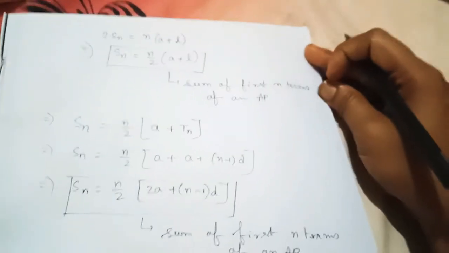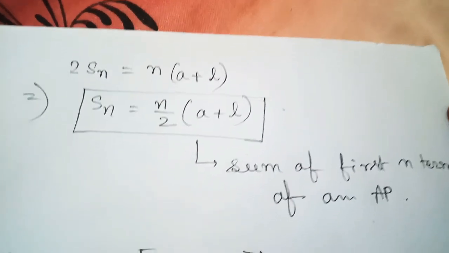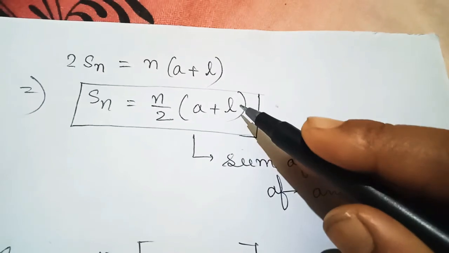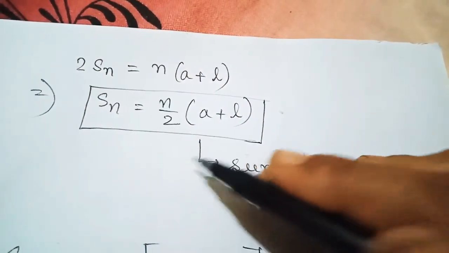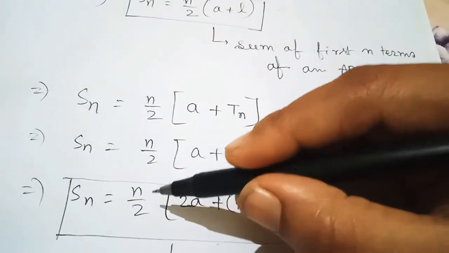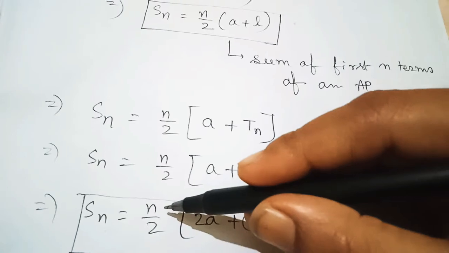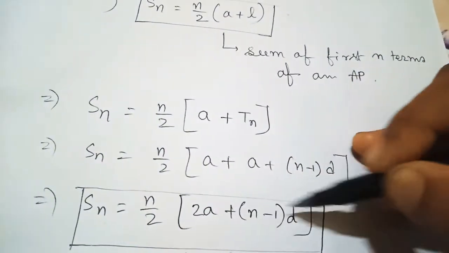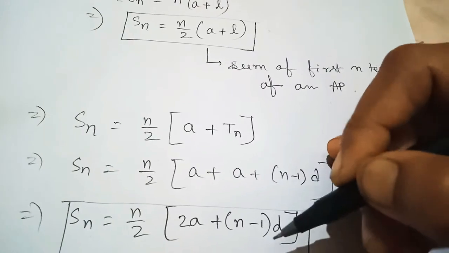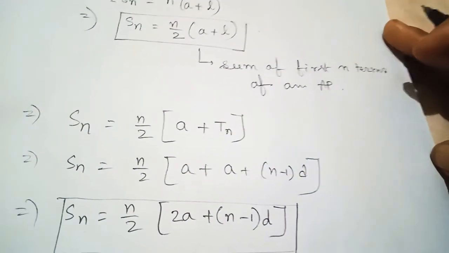These two are actually the same formula, but whenever you have the last term, you can use the first. But suppose you don't have the last term, and you have only clues for getting n, then you have to use this format. These two are the same formula, just two different faces.